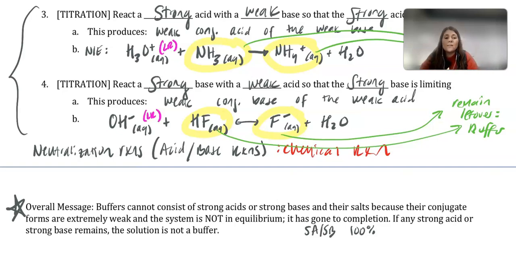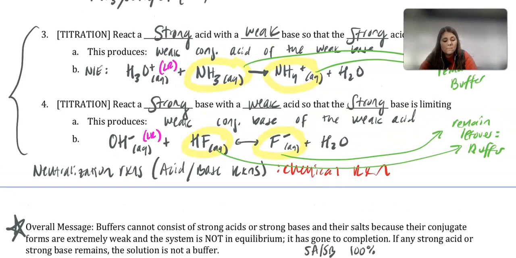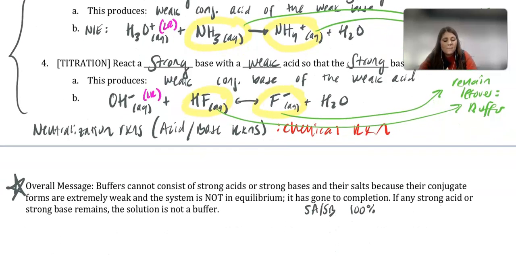So if you see any strong acid remain, the solution's not a buffer. So in these previous examples, if the limiting reactant was not the hydroxide, it was the HF, and you had some of this left over, this is not a buffer anymore, okay? So overall, being able to decipher what is strong and what is weak is very important in this unit, and especially this objective.